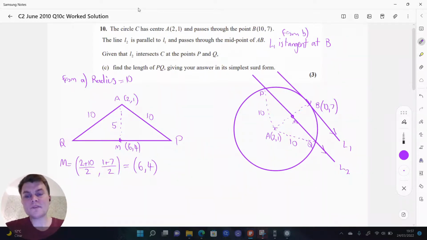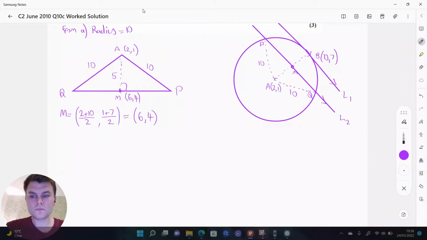So now we have a situation where we actually do have a right angle triangle that we can use this information to work out that length there. Okay, we can work out the length either MQ or MP. So what we can do now is the fact that this is a right angled triangle, we can use Pythagoras. So I'm going to calculate MQ.